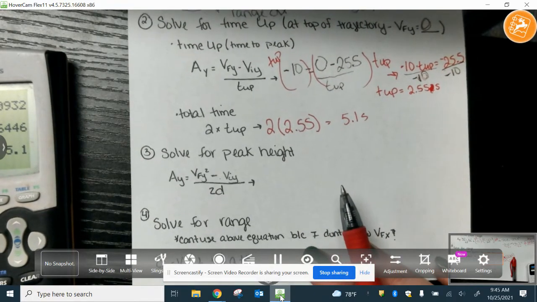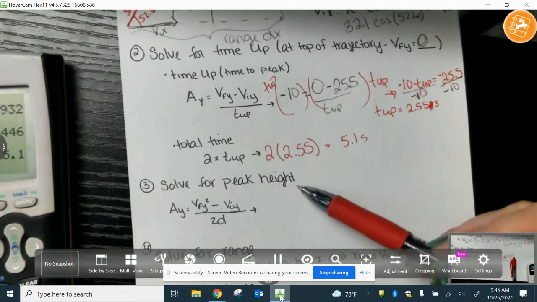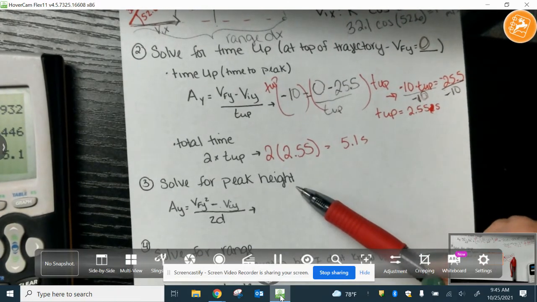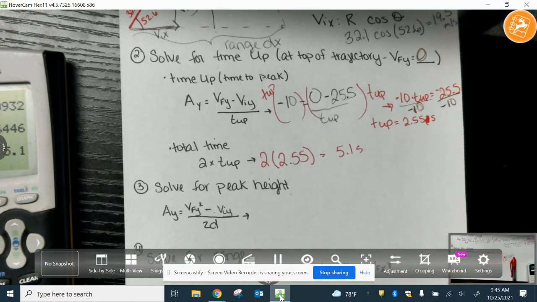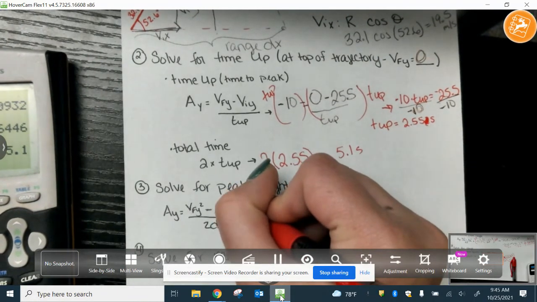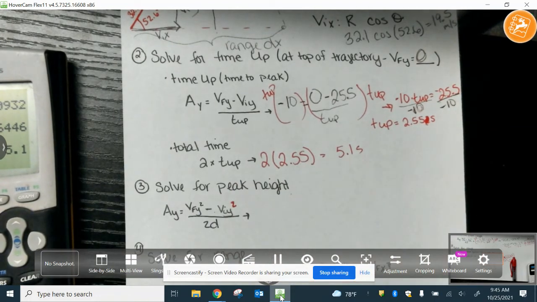I've just been using Y, so I'm going to stick with Y and finish that off. I want to solve for my peak height. To do that, I'm going to use the same formula that's been on the board now for over a month. My squared fell off right there, so don't forget to add that back on. A equals VF squared minus VI squared over 2D. Now I'm just making sure to stay in my one direction.